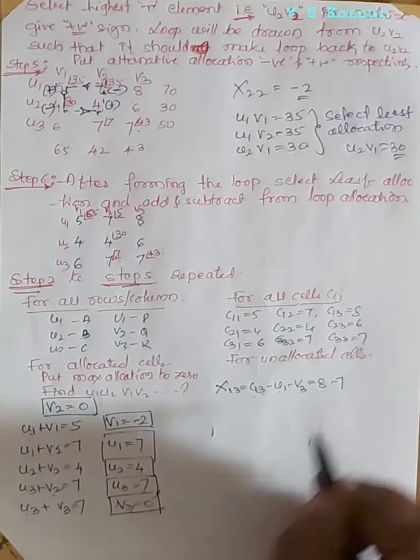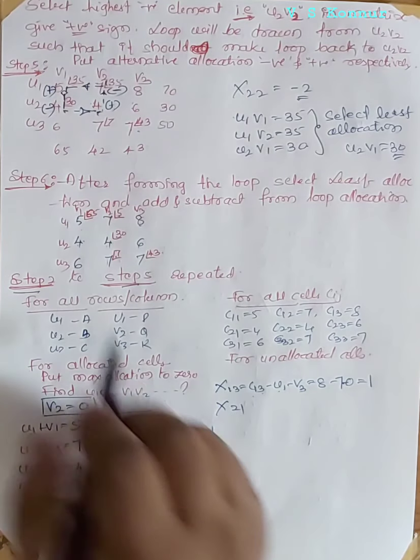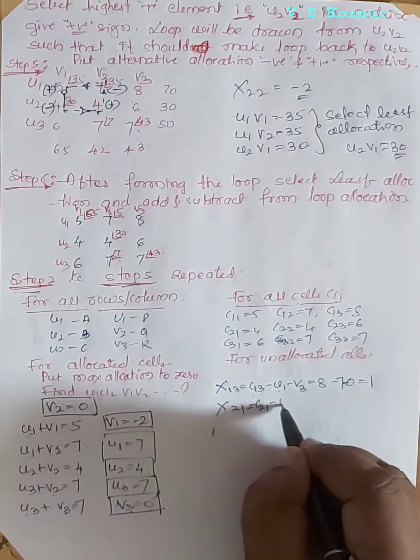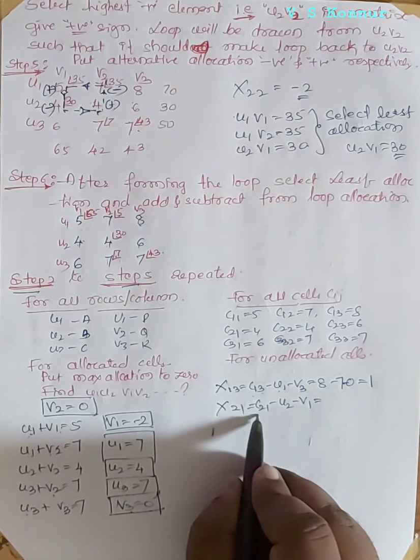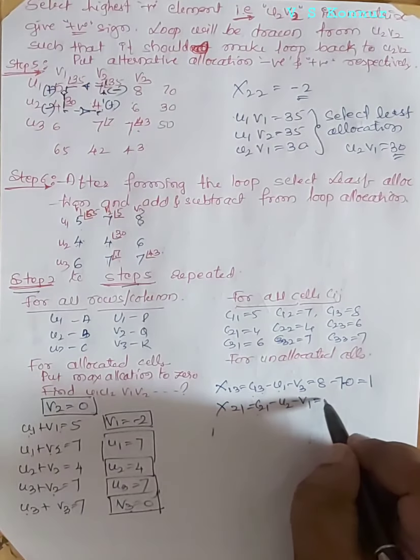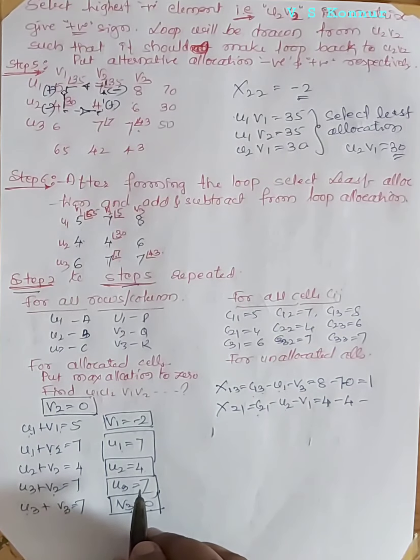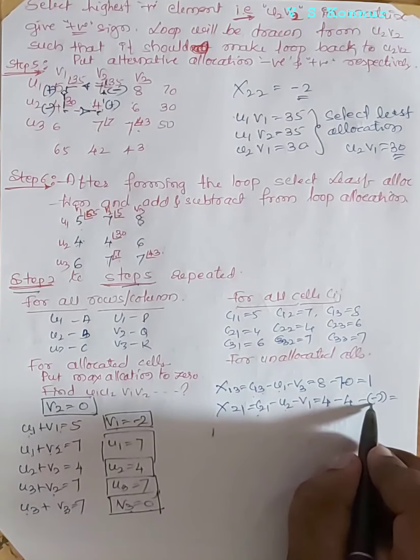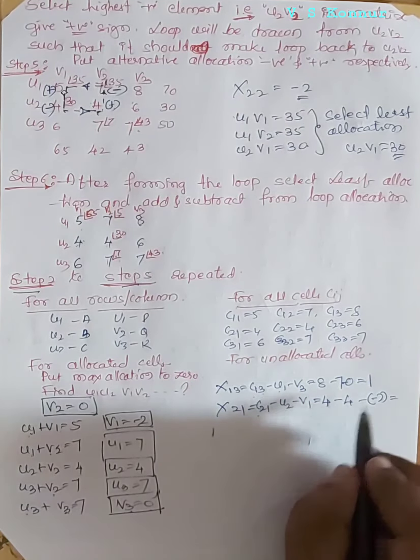Next, for unallocated x21, that is equal to C21 minus u2 minus v1. C21 is nothing but 4, minus u2 we have calculated as 4, minus v1 is equal to minus of minus 2, so that is plus 2, 6 minus 4 is equal to 2.